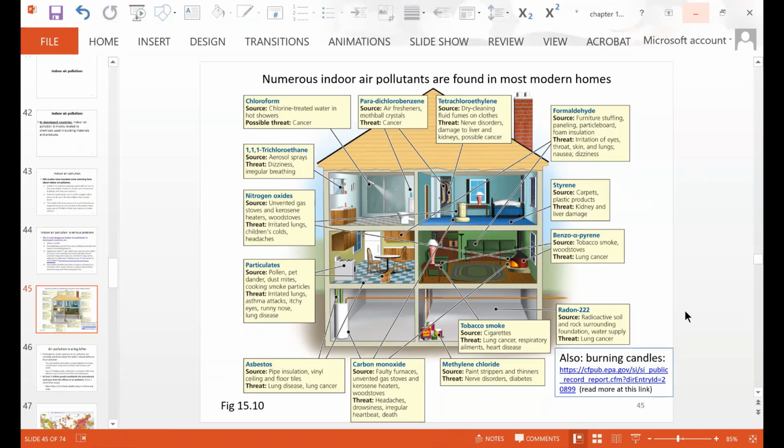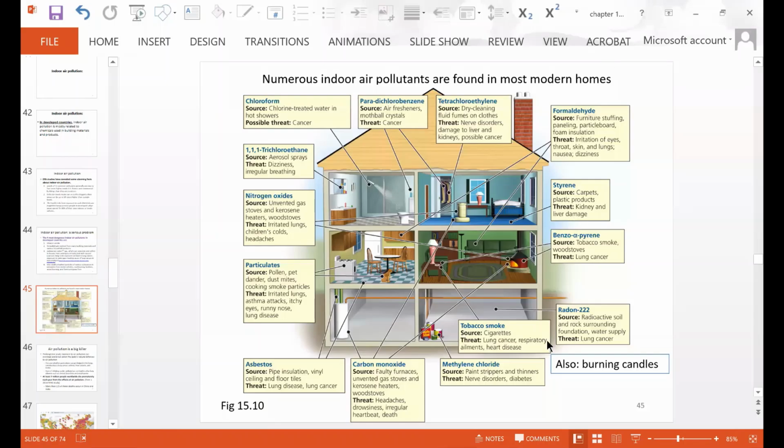When you burn, let's say, scented candles, for an example. So I have a link here for more information about that. So I went to open that link just now to show you, and it's no longer a usable link, so I deleted that. But we will still keep that there, burning candles.